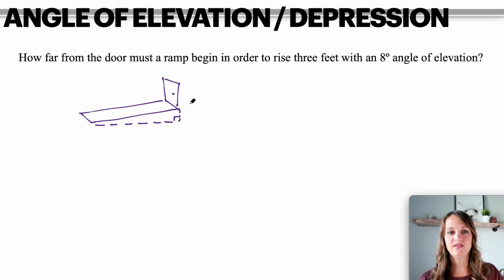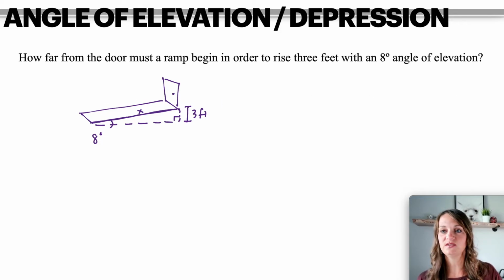So we need the ramp to rise 3 feet. The ramp isn't 3 feet. We need it to actually rise in height of 3 feet, and we know that the angle is 8 degrees. So we want to know how far from the door must the ramp begin in order to rise.